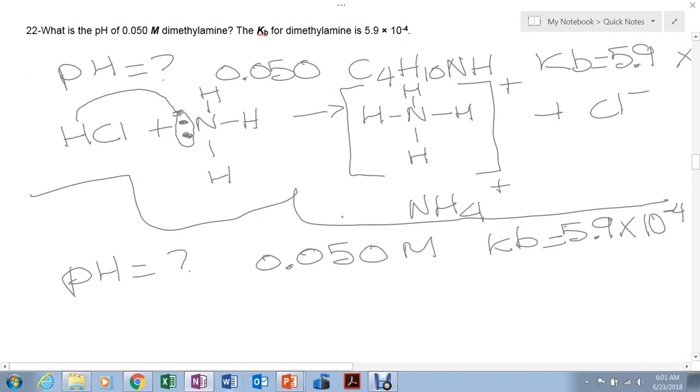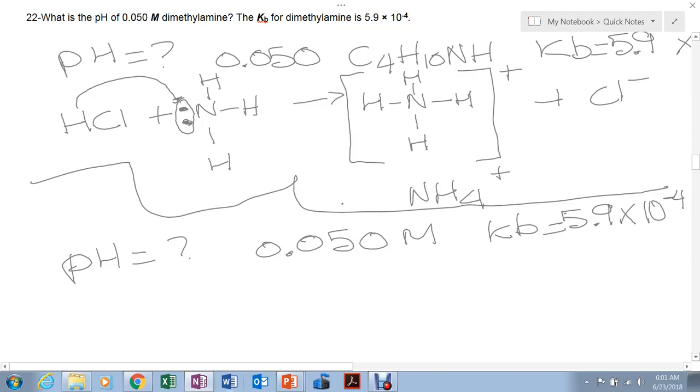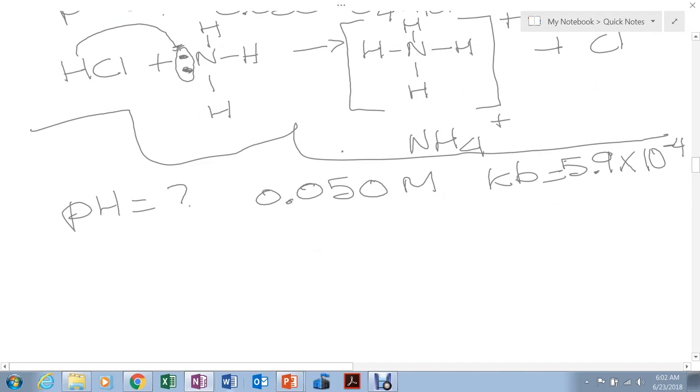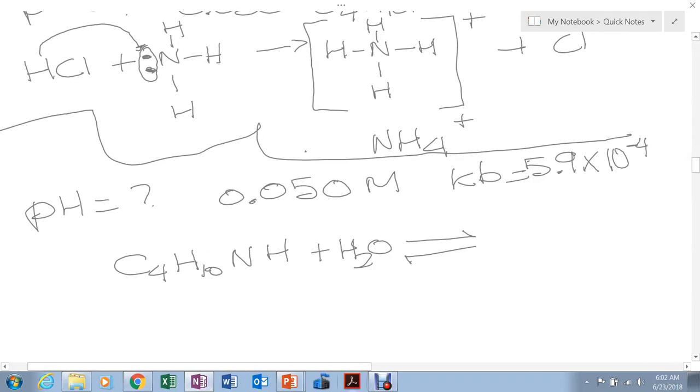Look at this Kb and look at the value of the initial concentration. So let's do the ionization of our weak base, plus H2O, and remember, water is acting like an acid now, because water is the one that gives the hydrogen to C4H10NH.